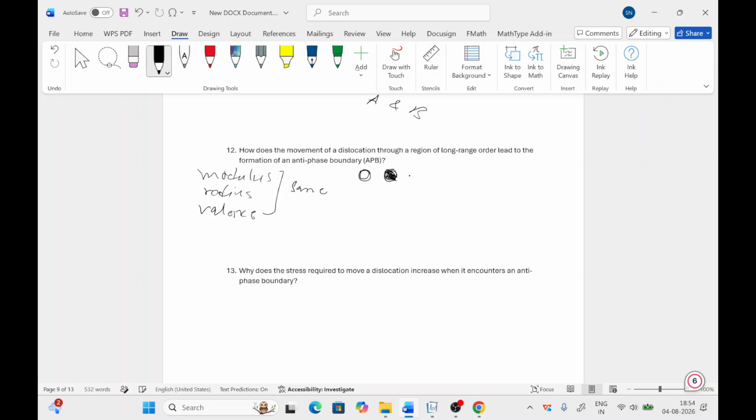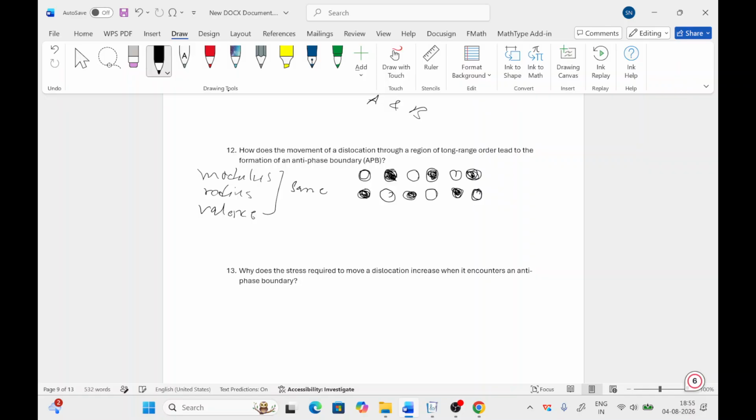This is the A atom, this is B, and we have a one by one arrangement. So this is the arrangement for a long range order.